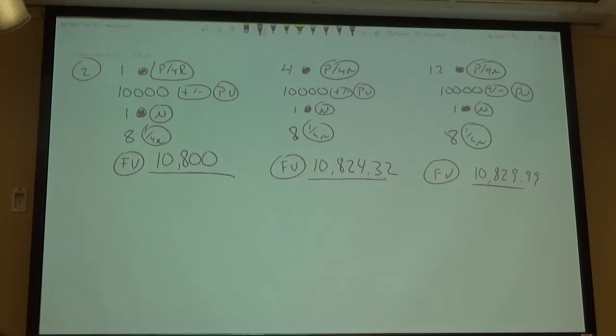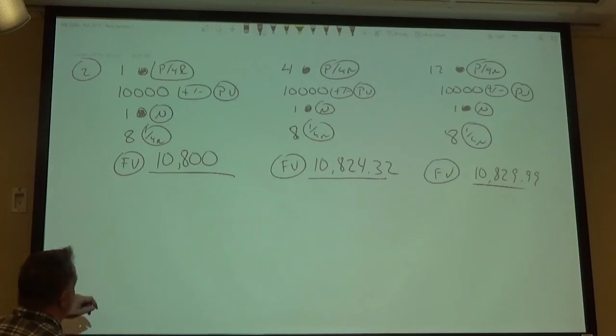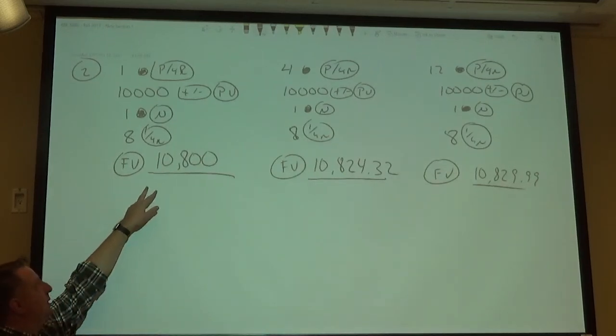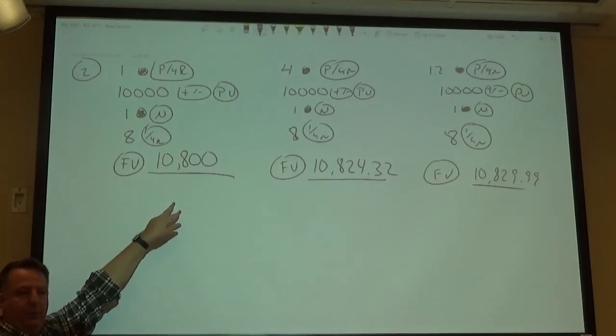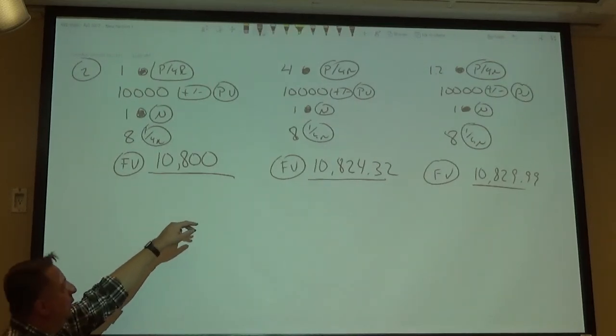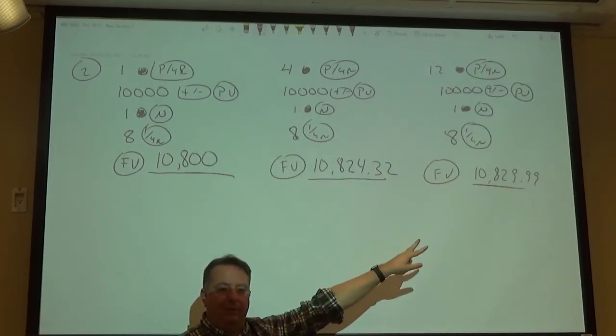So what they're actually saying is, if we want all of them to have the same yield, or in other words, earn 10,800, what would the effective rate have to be on this, and what would it have to be on that?